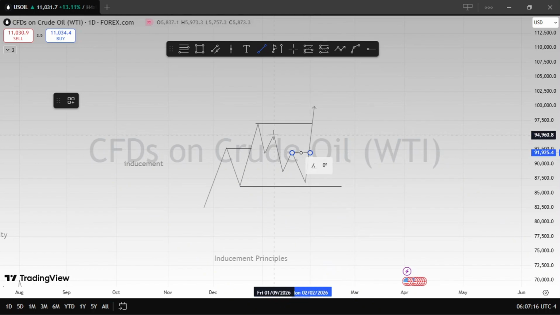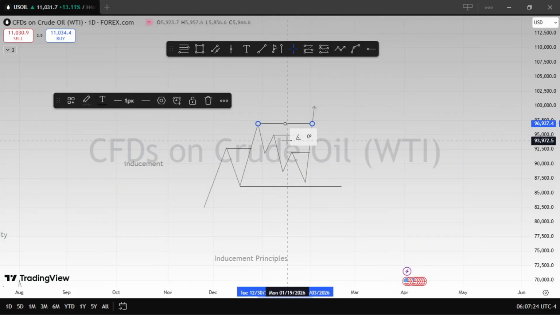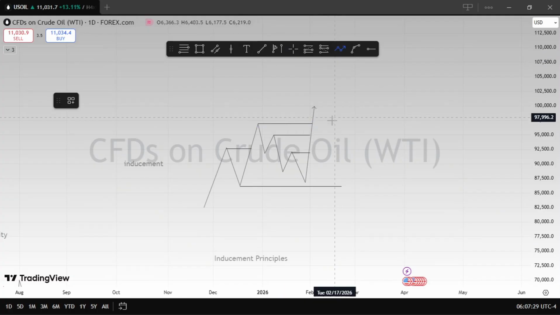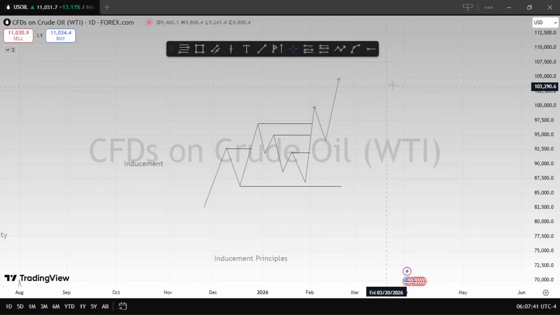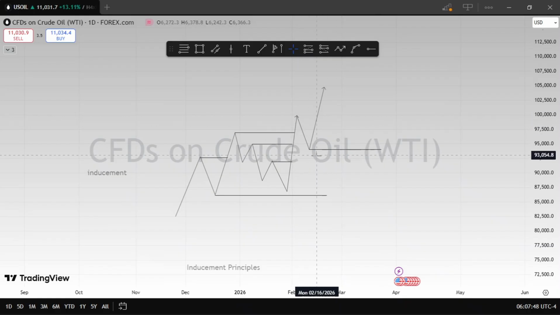Once the structural liquidity is taken out, around the second high, price will give us an inducement leg or a pullback and then break structure again. So this right here becomes my inducement leg. This is where the structural liquidity is going to be taken out.